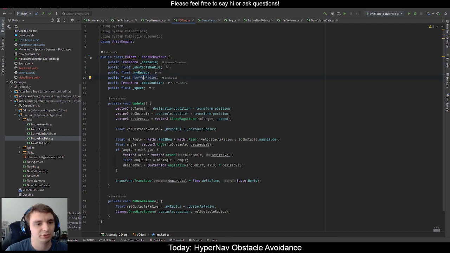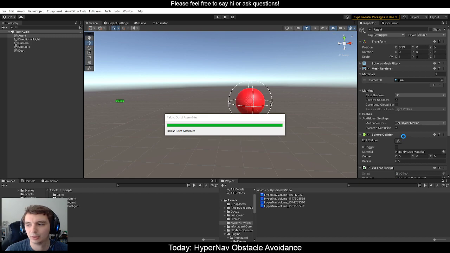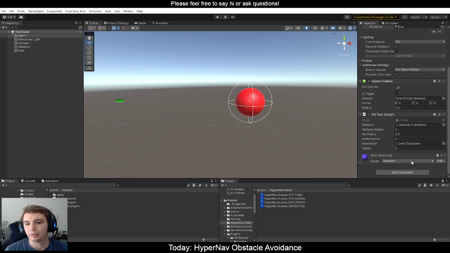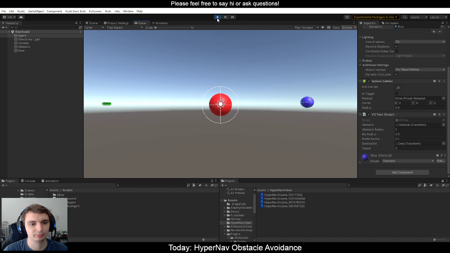And then we will just add that to the thing here and here as well. For the buffer radius, let's make that 0.1. There we go. All right, so that's the most simple form of obstacle avoidance.